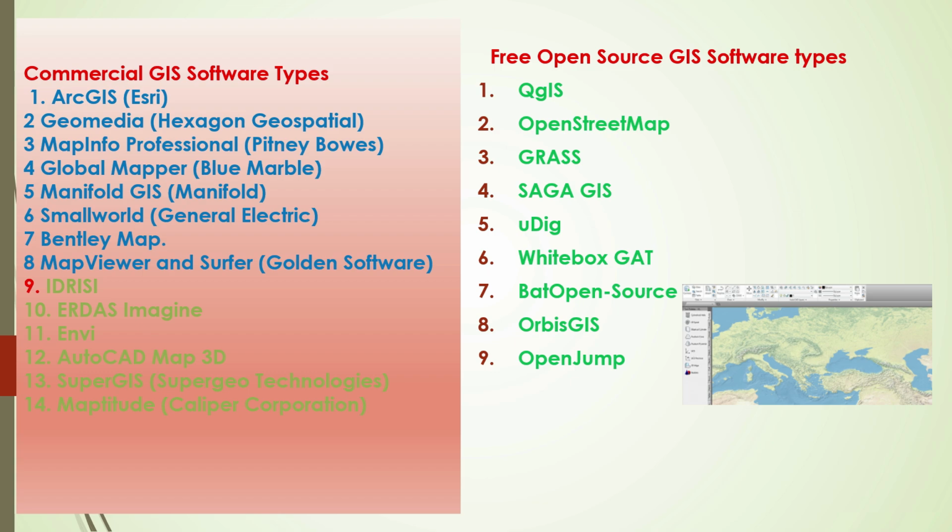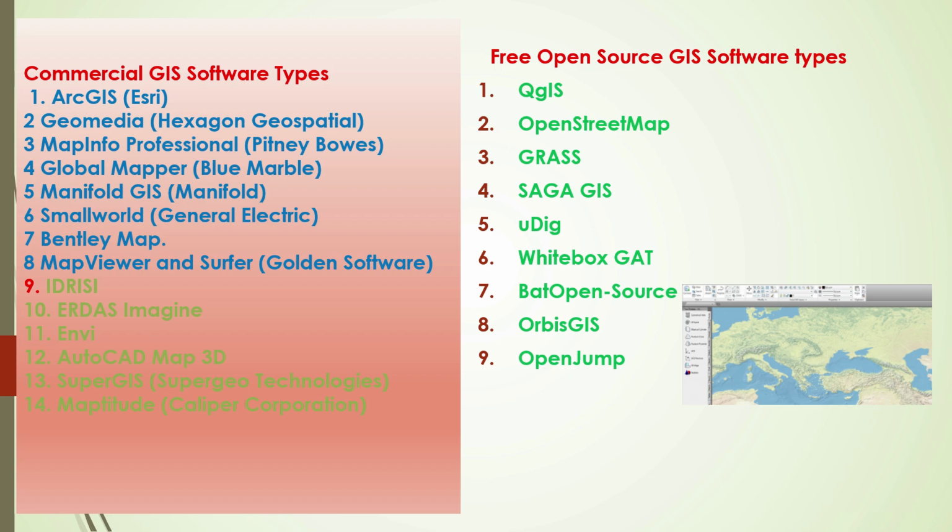Then we have the freely available software, which we regard as open source, or free software that you can download and you can use. The leader of this openly available GIS software is QGIS, Quantum GIS.